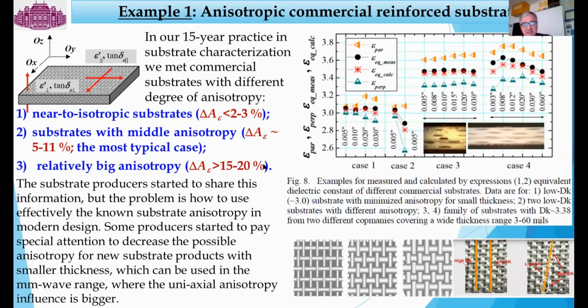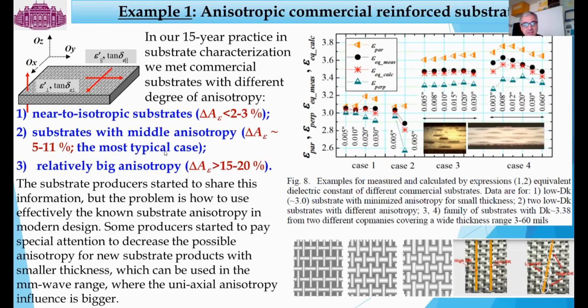In our maybe 15 years of practice, we have measured a lot of materials, and especially commercial reinforced substrates. They are very popular materials in the area of electronics. And during our work, we found different materials near to isotropic substrates for millimeter wave and 5G applications. Now producers pay attention to having similar materials with near isotropic properties.